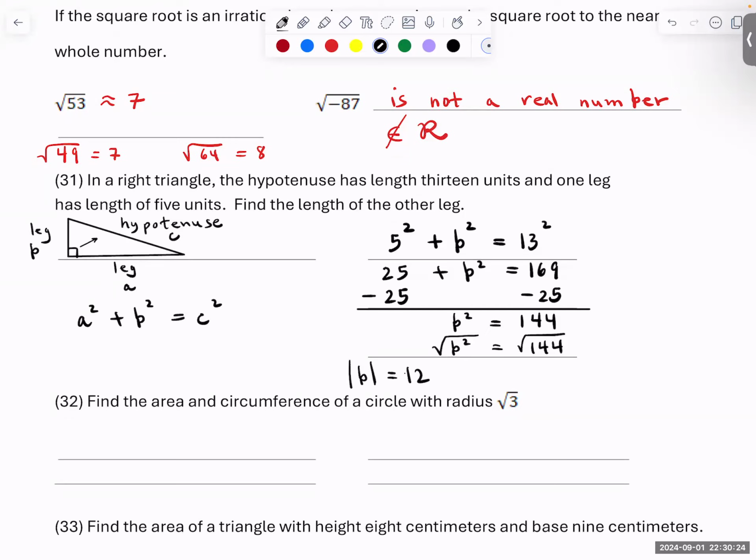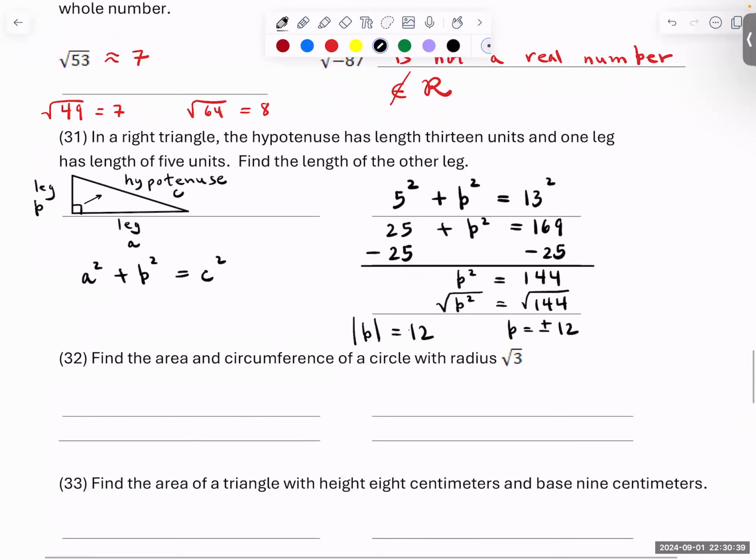This absolute value equation has 2 solutions for B. B can be positive or negative 12. But since B is a length, B cannot be negative. So the final answer is B is positive 12 units in length.